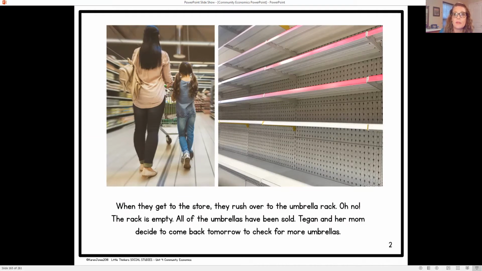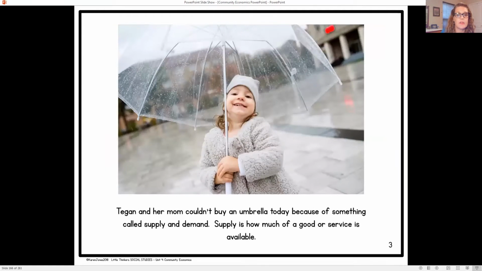Now, as a good reader, we are asking questions and we're thinking, what is the reason? Why are there no umbrellas on the shelf? Tegan and her mom couldn't buy an umbrella today because of something called supply and demand.